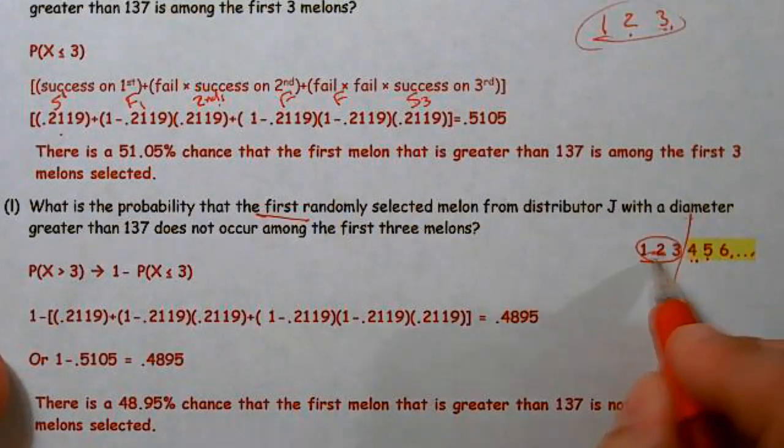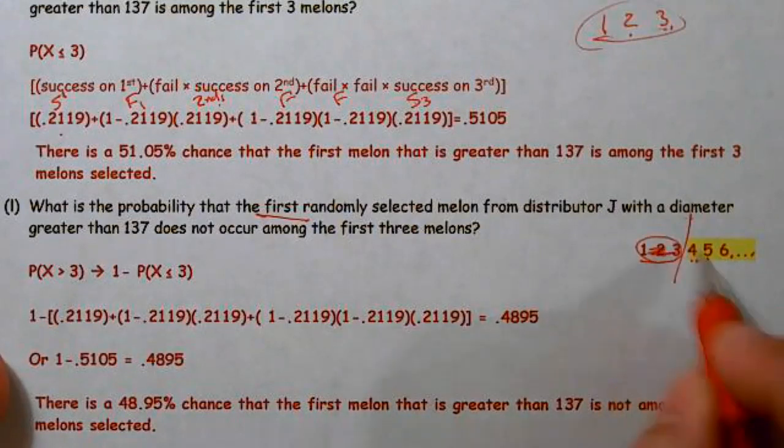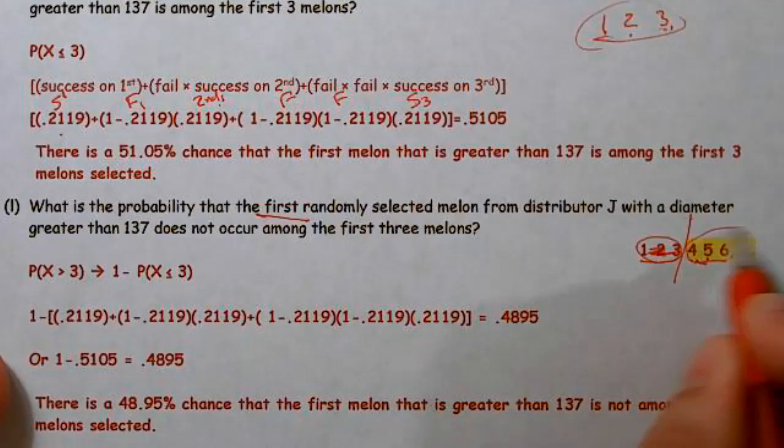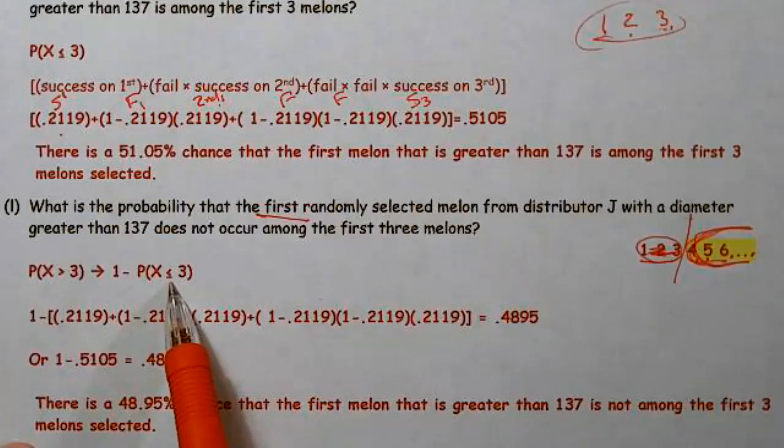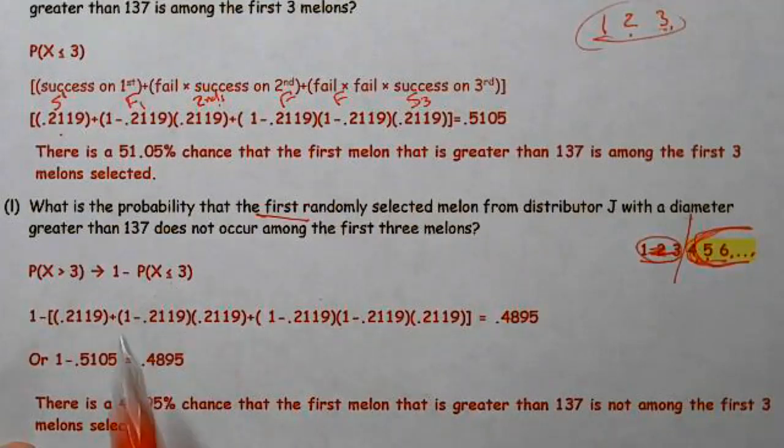So it doesn't occur among the first three. I want 4, 5, 6 all the way to infinity, but I can't do the PDF of infinity. So basically I have to do 1 minus, because I want greater than. That's 1 minus the probability of less than or equal to 3. So this will be my work shown.